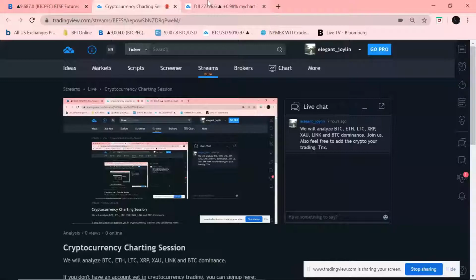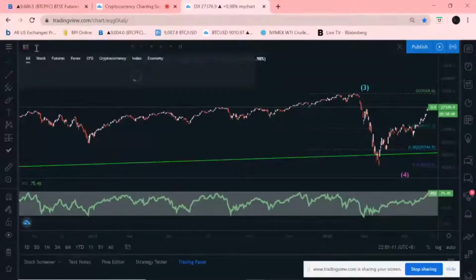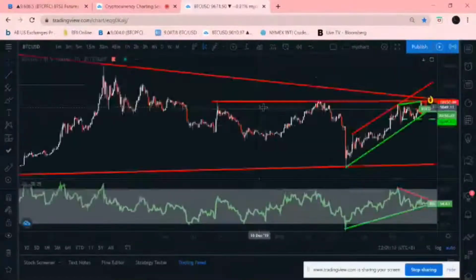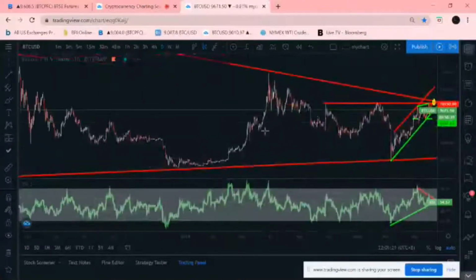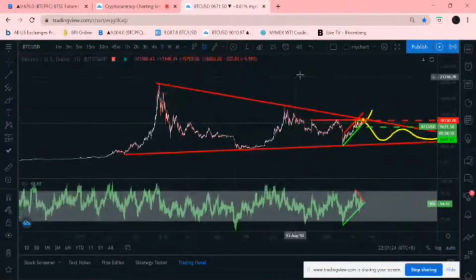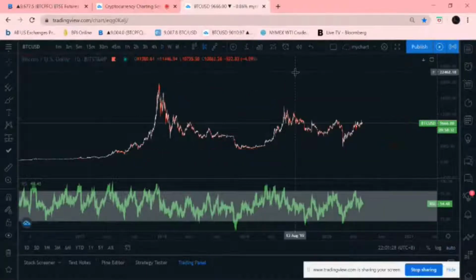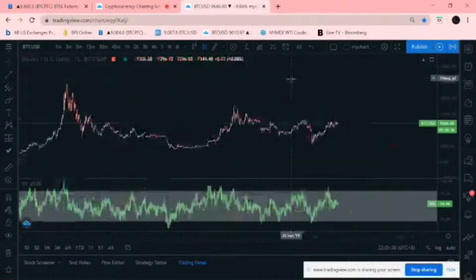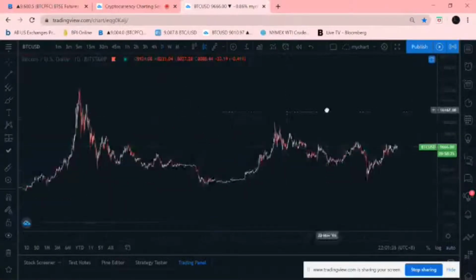Now let's start with BTC USDT or BTC USD. So actually we've analyzed it before, but let's clear it out so that it will be a fresh analysis again, because there's already a lot of lines.